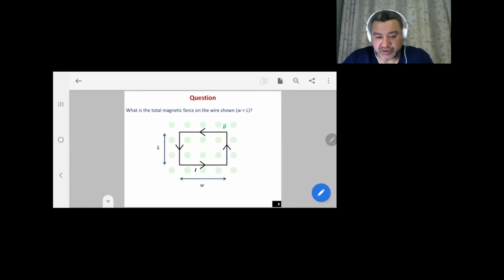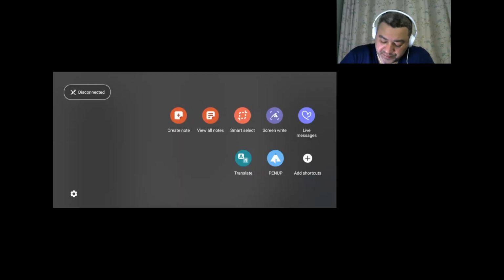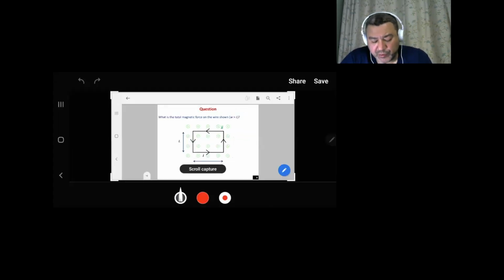Now, let's look at this question. In this question, I have the full loop put into a uniform magnetic field. This loop has a width and a length. As you can see, the magnetic field is entering into your screen, and I have the current going counterclockwise.